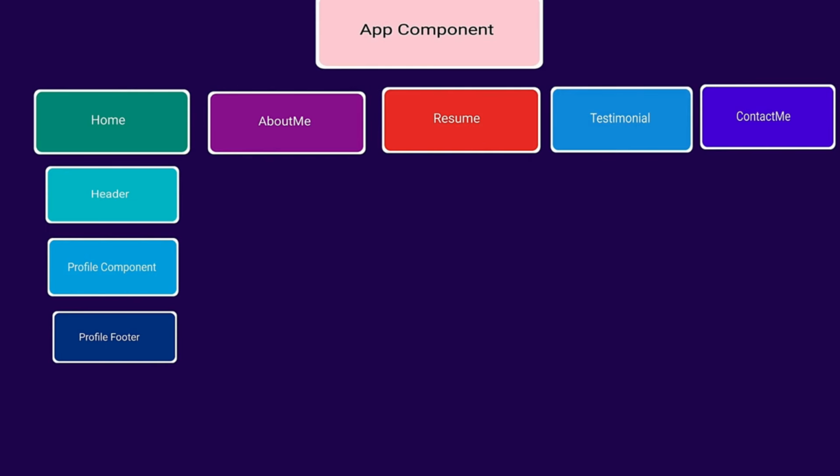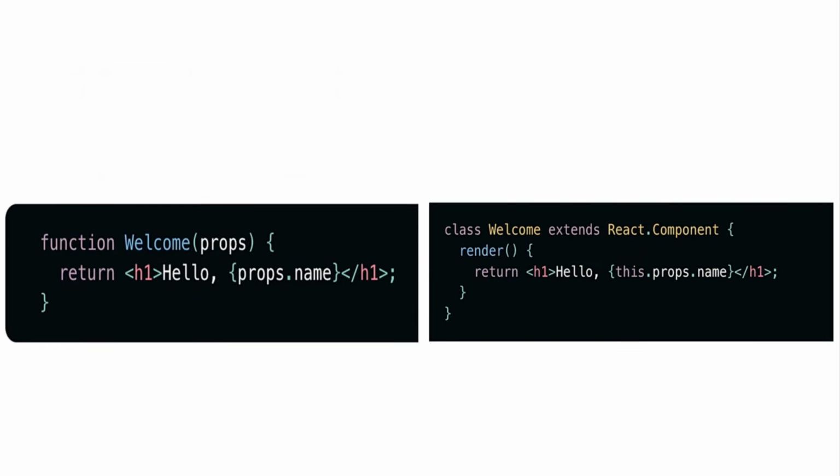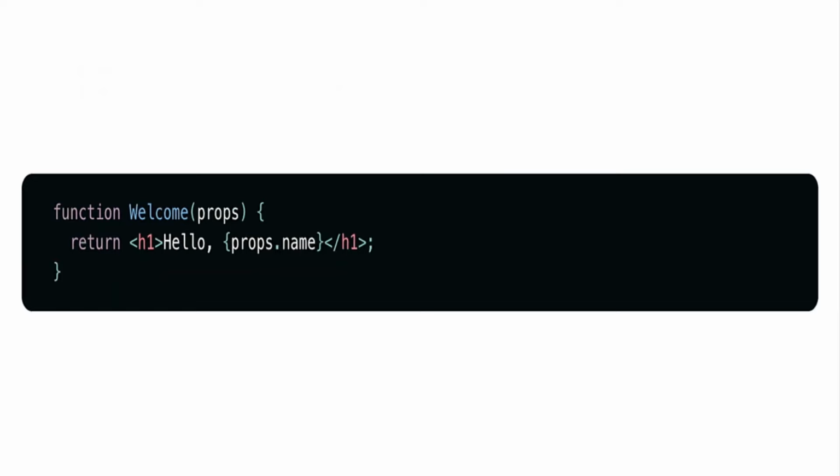In ReactJS, we have two types of components: functional component and class component. Functional components are JavaScript functions that accept props as an argument and then return a valid JSX, which in actual sense is the markup that describes the UI.